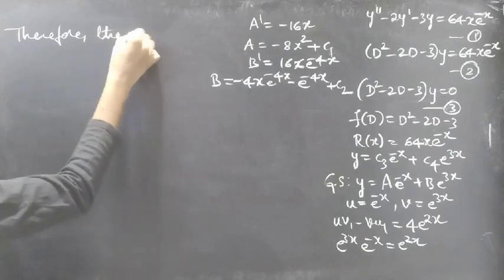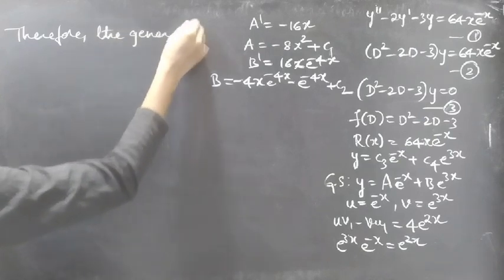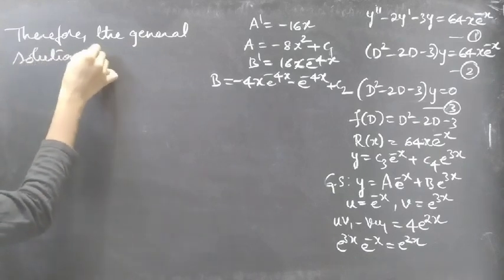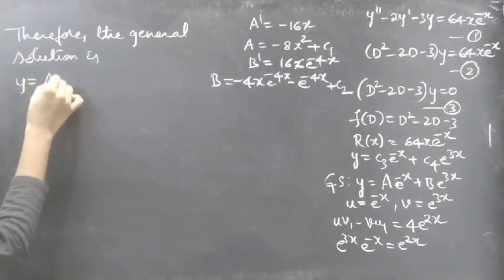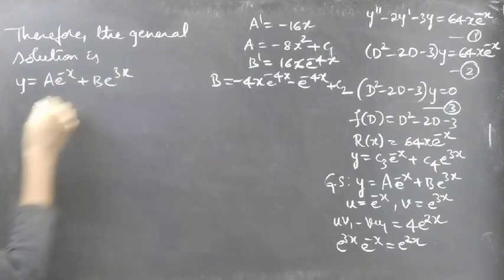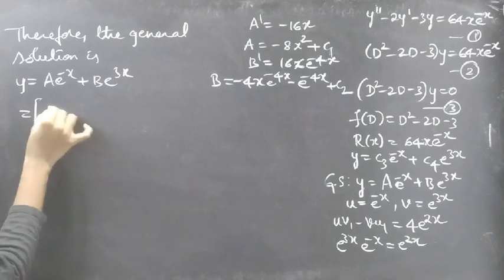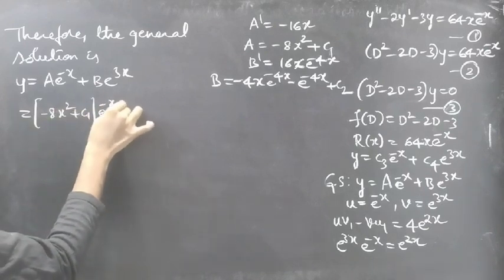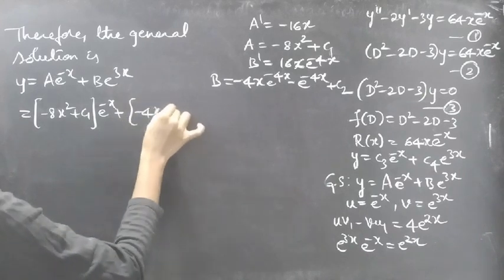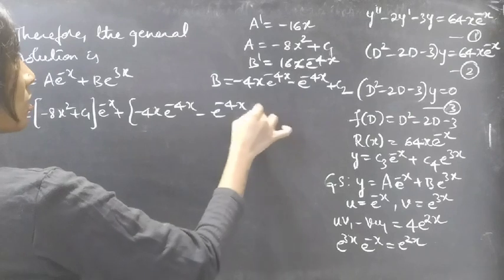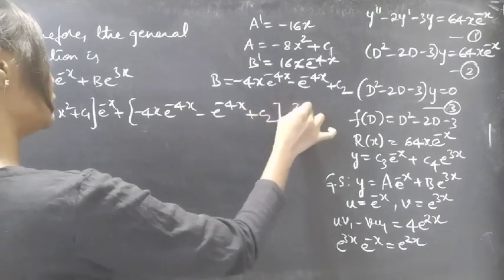Therefore, the general solution is given by y equal to a e power minus x plus b e power 3x. Substitute a and b. We have a is minus 8x square plus c1 and b is minus 4x e power minus 4x minus e power minus 4x plus c2.